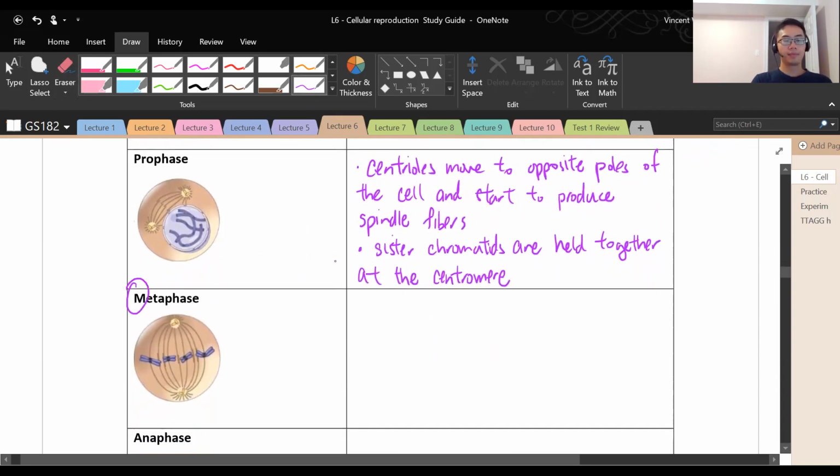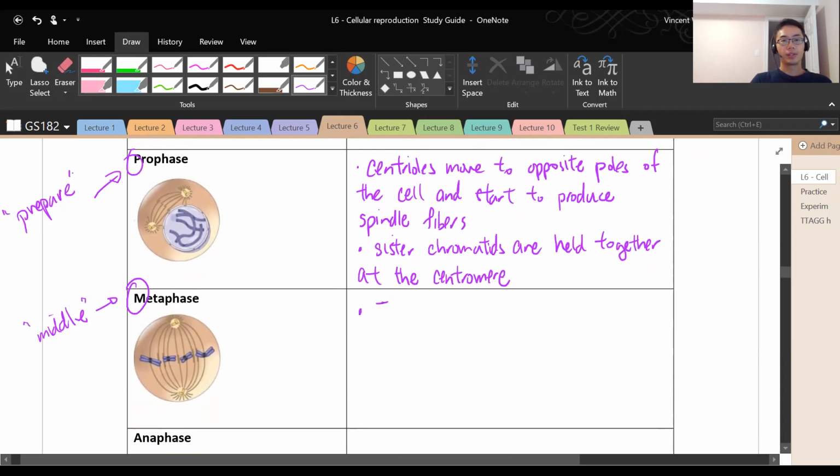Metaphase. M for middle. You can remember that. M for middle. P for prepare. It's preparing to split the cell.